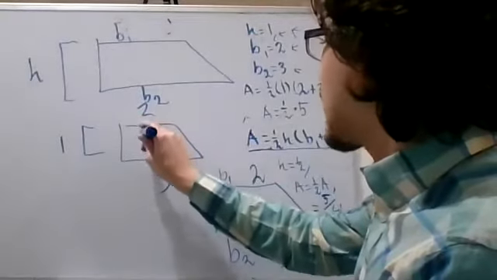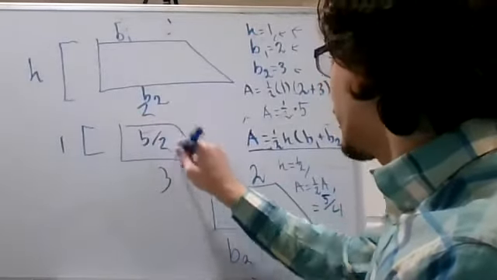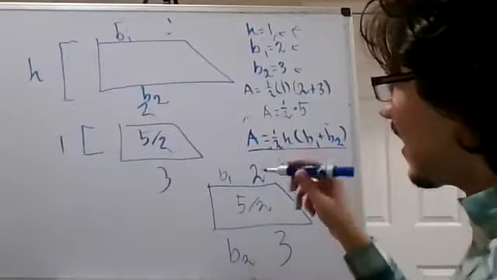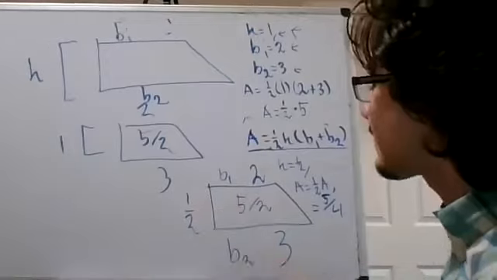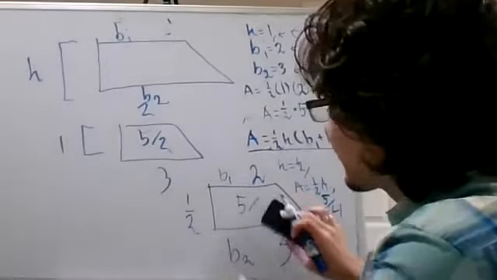So the area we found would have been 5/2. This new trapezoid, when we halve the height, is 5/4.